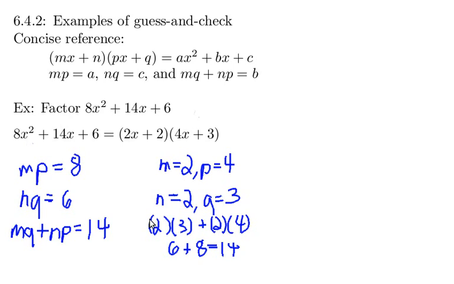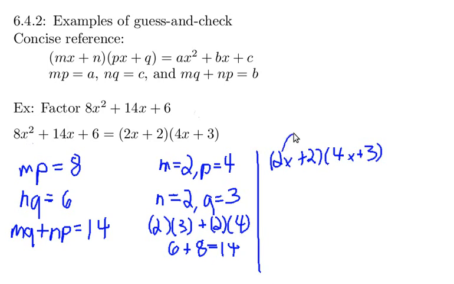And we go ahead and double check that. Let's clear this off. And actually, no, we don't need to clear this off because we've got plenty of room over here. So I'll put a divider here. So we have 2x plus 2, 4x plus 3.